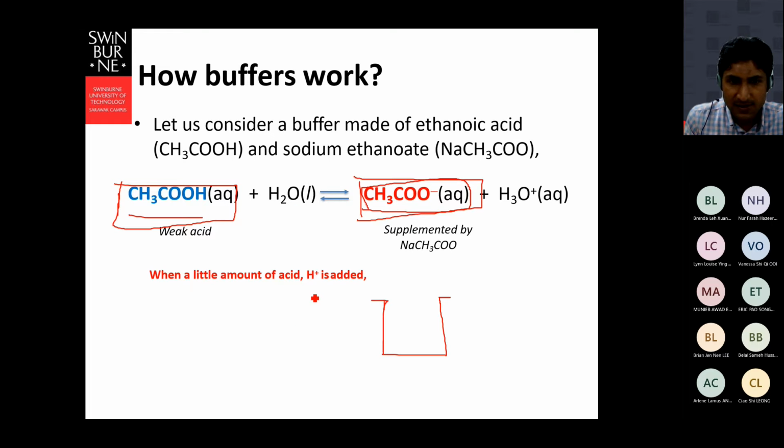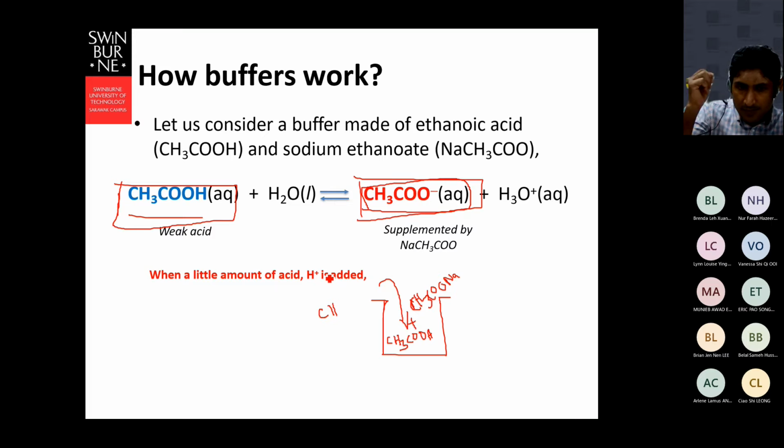So I put acetic acid, CH3COOH, and I also add sodium acetate, CH3COONa. Both together I put in this beaker. What will happen is it will automatically produce a buffer solution.